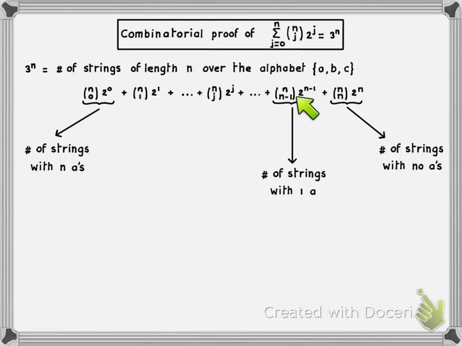So you can multiply all of these possibilities, and that's how you get 2 to the power n minus 1. So again, this term accounts for the total number of strings that contain exactly one A.